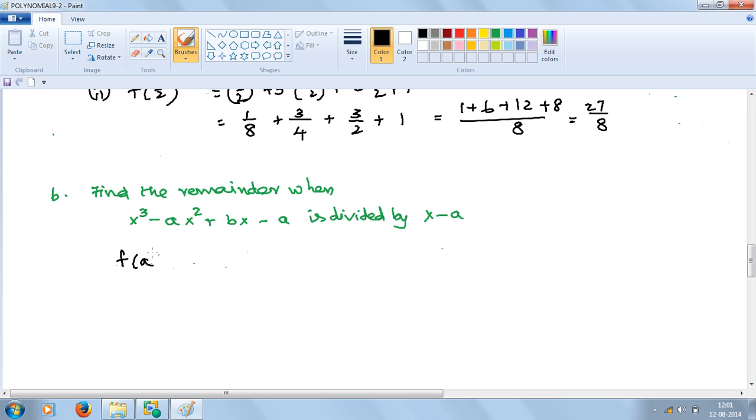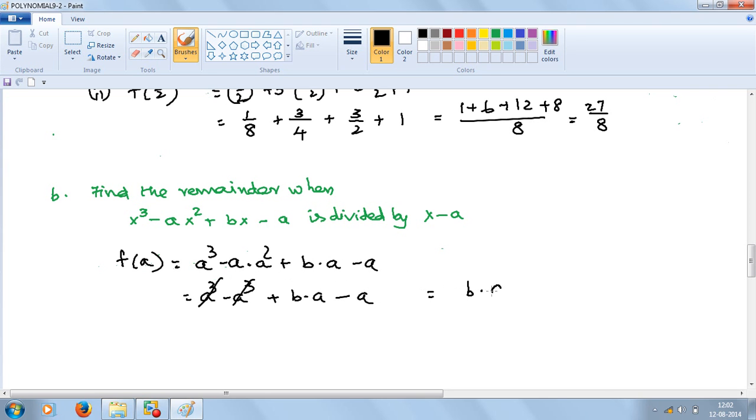So it's f of a is equal to a cube minus a multiplied by a square plus b multiplied by a minus a, is equal to a cube minus a cube plus b multiplied by a minus a. This cancel each other, is equal to b multiplied by a, it's ba minus a. This is the answer.